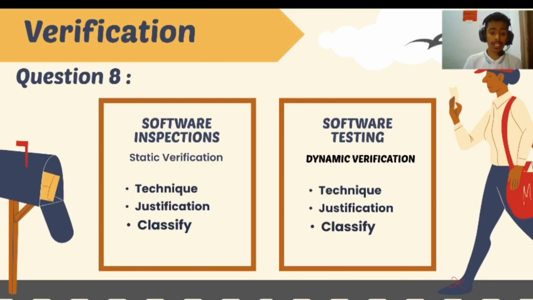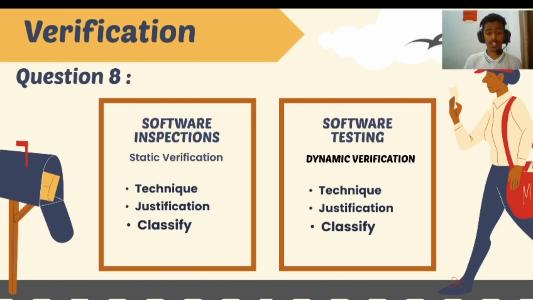Dynamic testing helps identify delays or performance issues when many users access the system, maintaining high service reliability and customer satisfaction. And classification: this is a dynamic verification method because it tests software by running the code to observe performance and functionality in real-world conditions, ensuring it can handle everyday operational demands effectively.